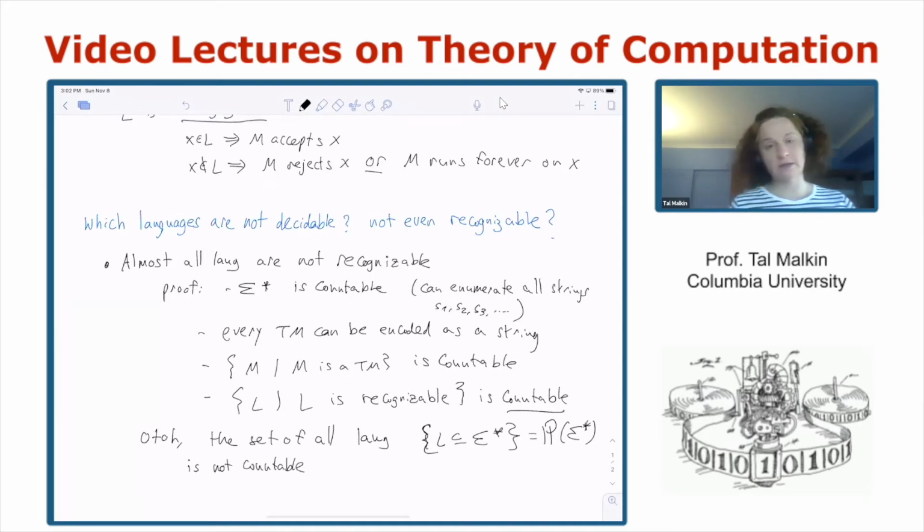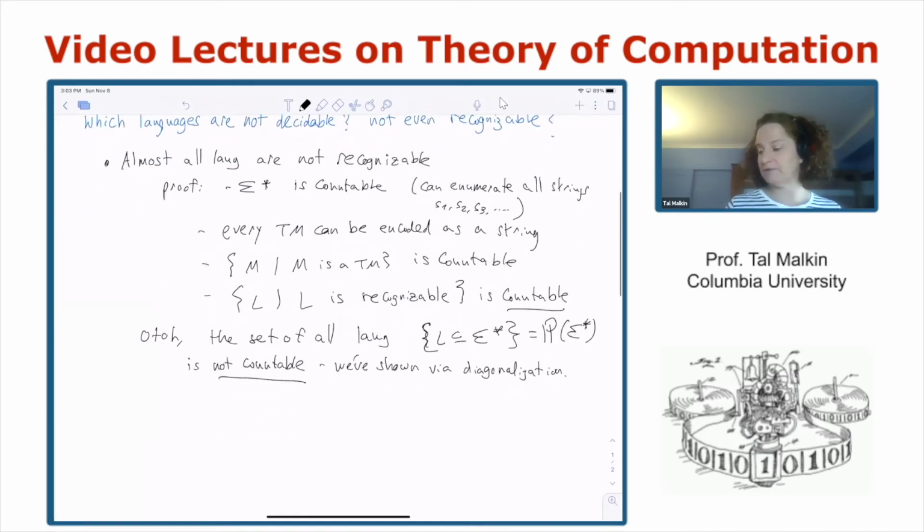If you recall in an early lecture talking about diagonalization, we showed that the power set of an infinite countable set cannot be countable, via diagonalization similar to Cantor's diagonalization. And so there are uncountably many languages and only countably many of them are recognizable. Therefore, almost all languages are not recognizable. So this is one thing we've seen.